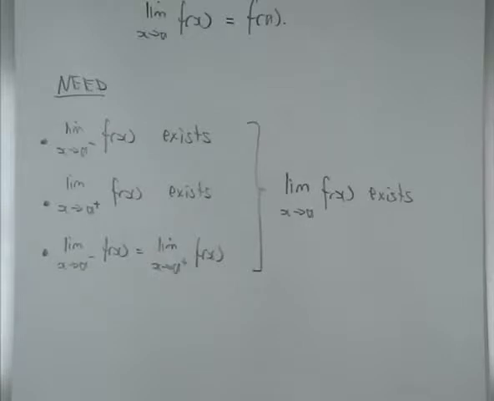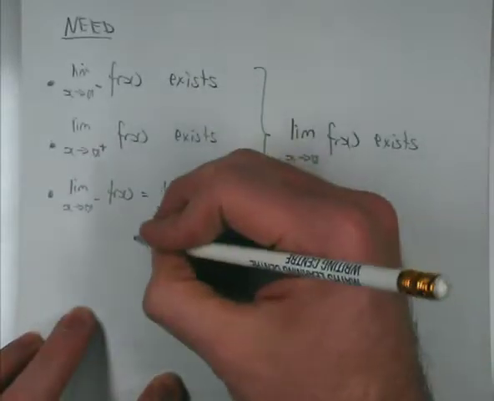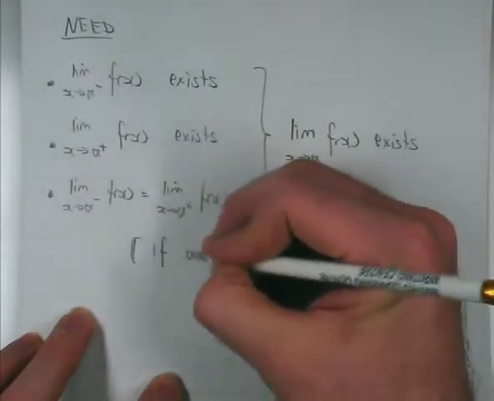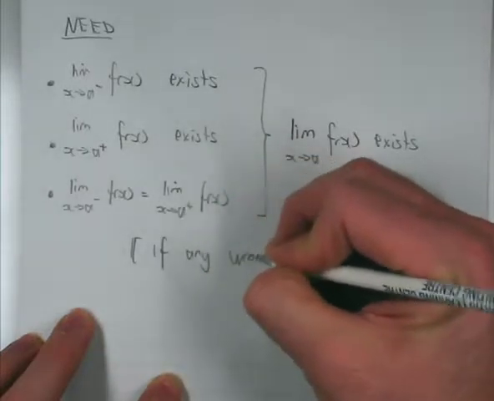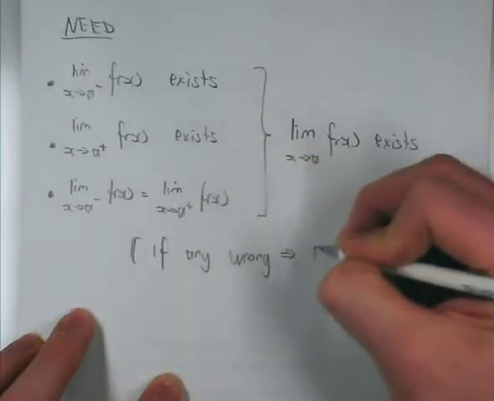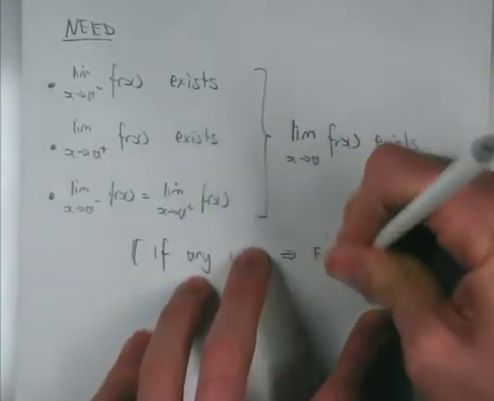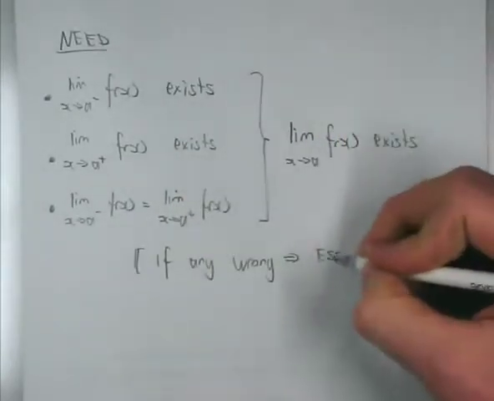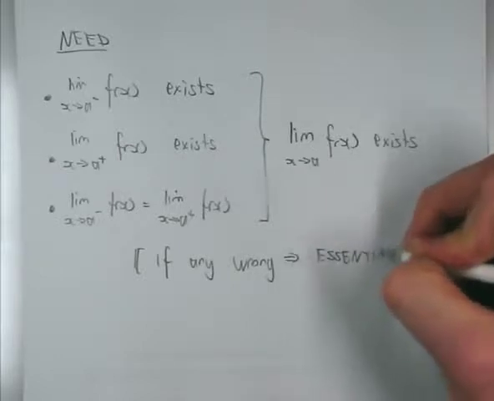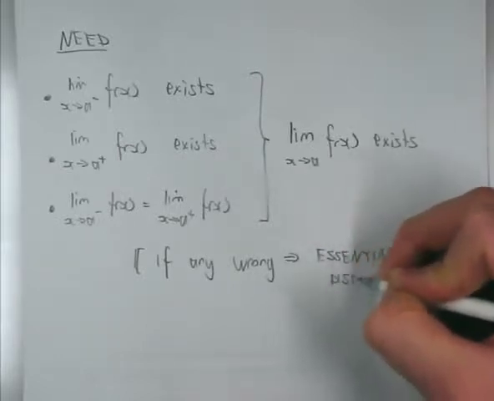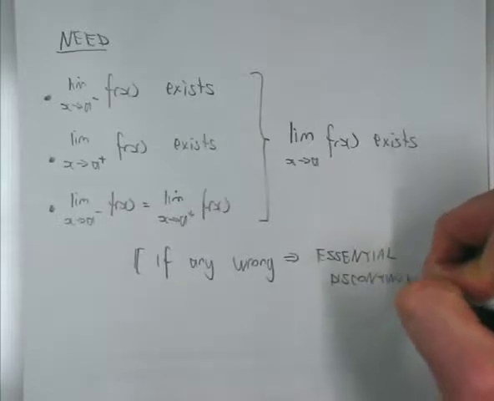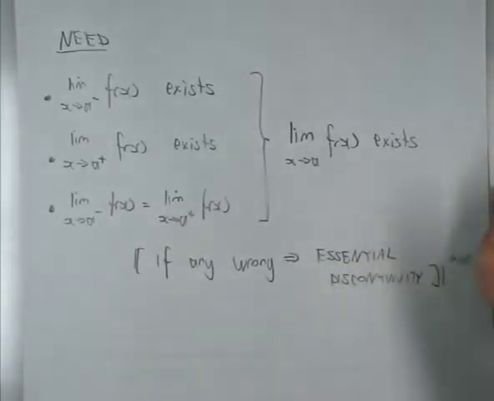Okay, essential discontinuities are about the limit not existing. So just in brackets, if any are wrong, that's an essential discontinuity. And essential does not start with the n.